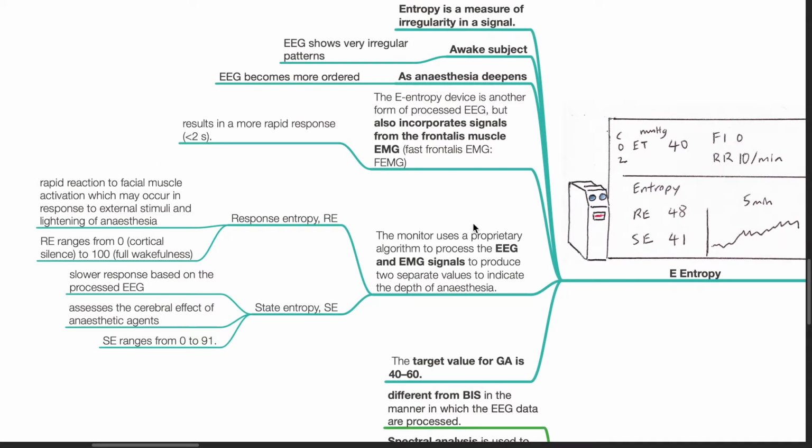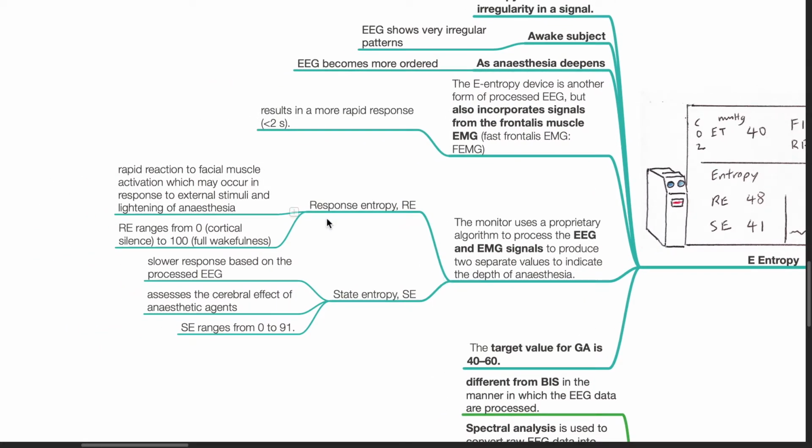The monitor uses a proprietary algorithm to process the EEG and EMG signals to produce two separate values to indicate the depth of anesthesia. Number one is response entropy, or RE, a rapid reaction to facial muscle activation which may occur in response to external stimuli and lightening of anesthesia.